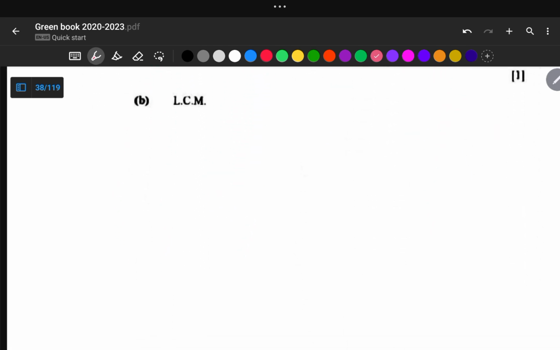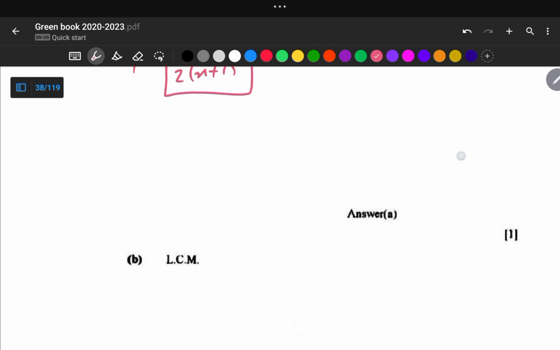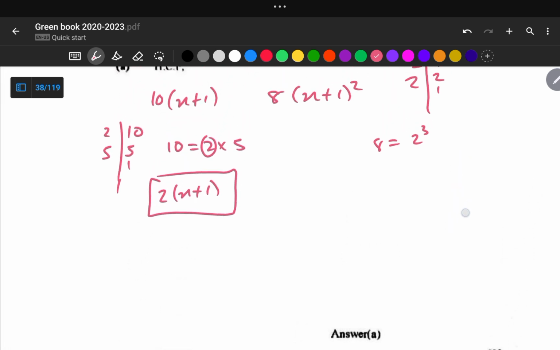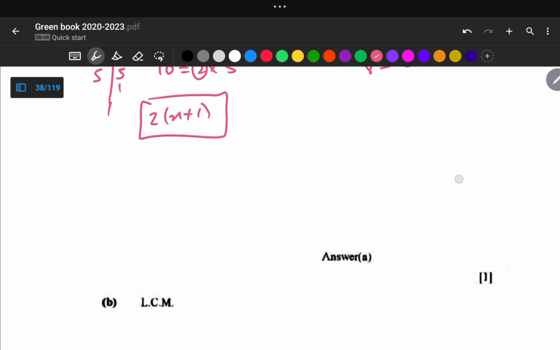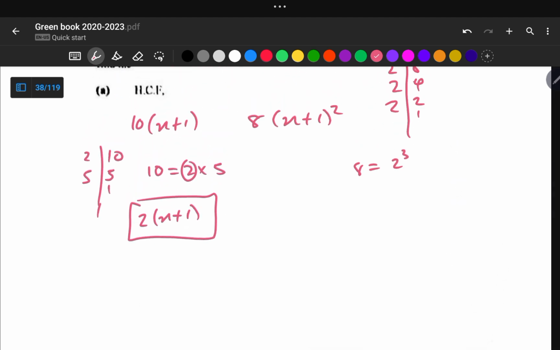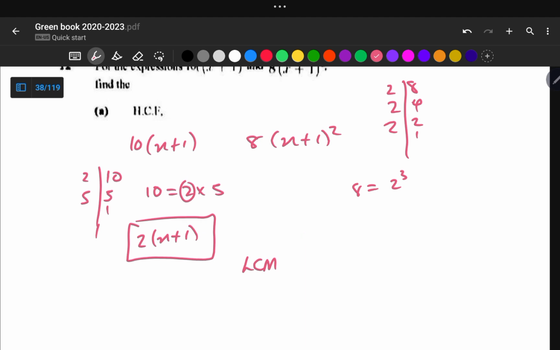And let us move on to the next part, which requires us to calculate the lowest common multiple, or the LCM, of these expressions. For the LCM, we say it is 2 to the power 3 times 5 to the power 1.